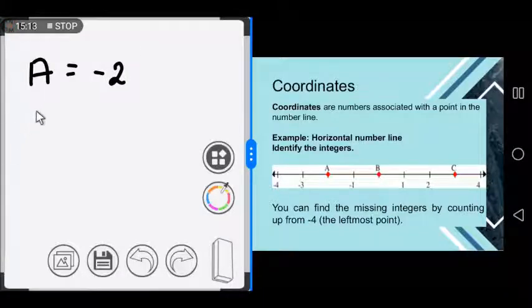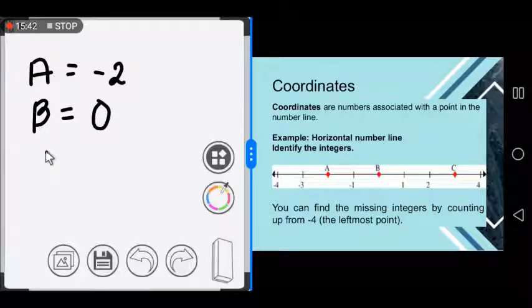For B, we have negative 1. One step to the right is our point. Then 1 step to the right again is 1. We are already in the positive numbers. What is the number that separates the negatives from the positives? We have here 0.